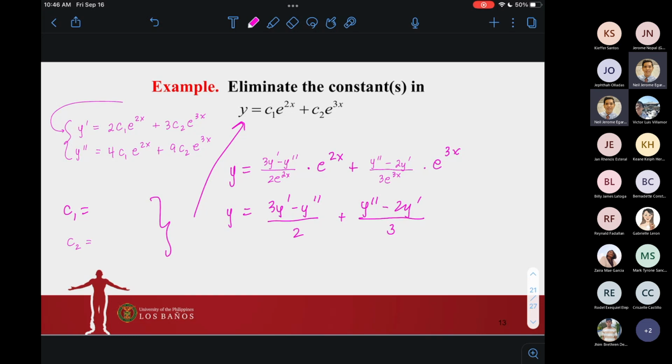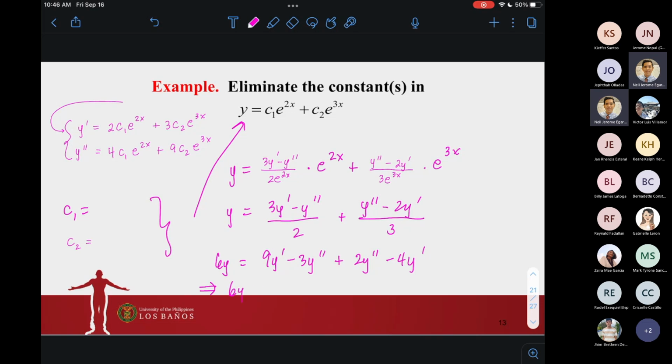Okay, let's simplify. It's a good exercise. I multiply both sides by 6. So I'll get 6y equals 9y prime minus 3y double prime plus 2y double prime minus 4y prime. Is this correct?